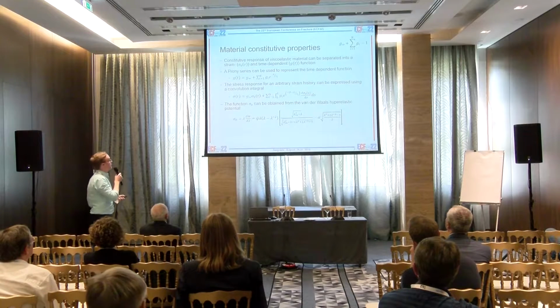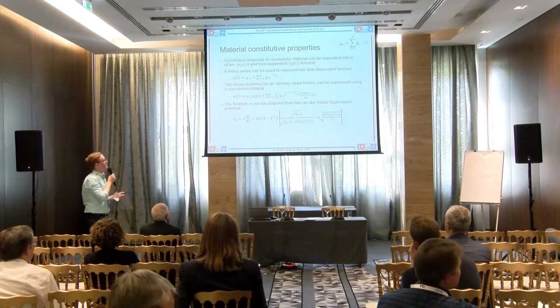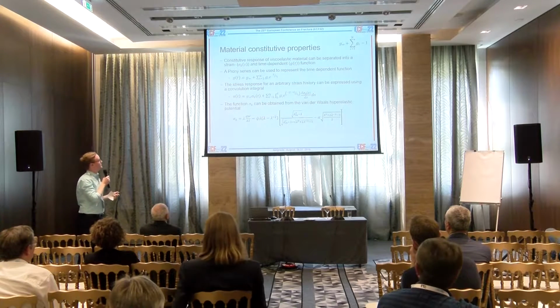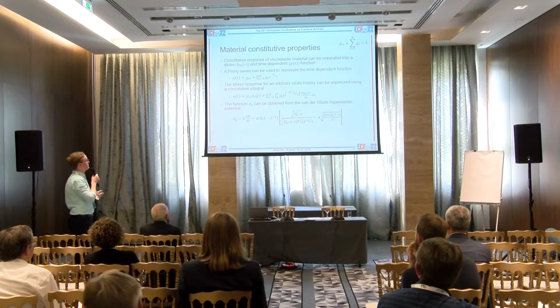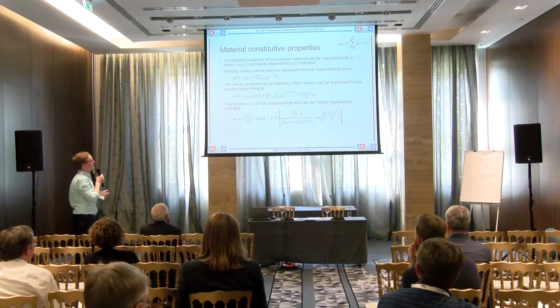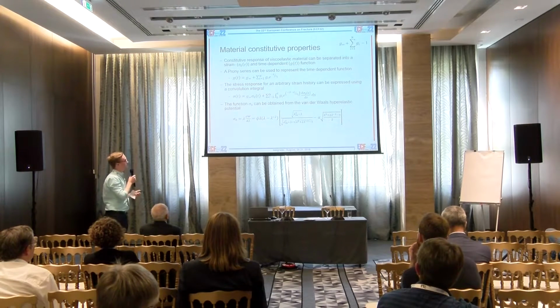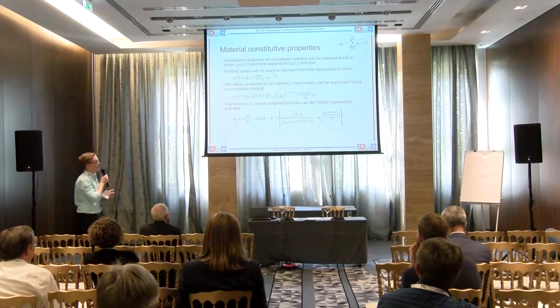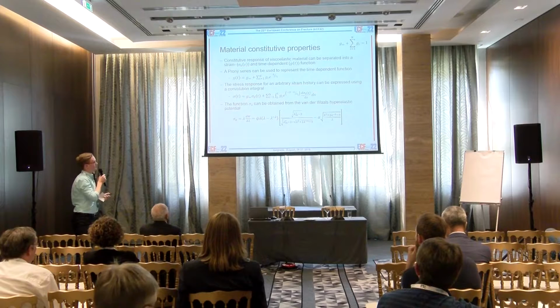So, for a viscoelastic material, it is possible to separate the strain and time-dependent functions. The time-dependent function can be represented by a Prony series, which can be seen here, where t is the time, tau is the relaxation time, and g are dimensionless parameters. The stress response for an arbitrary strain history can be expressed using the convolution integral here.